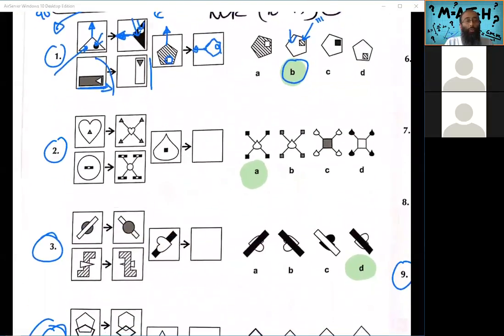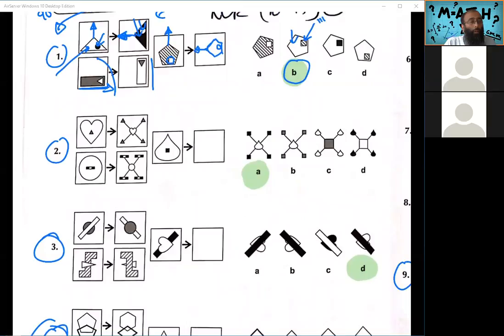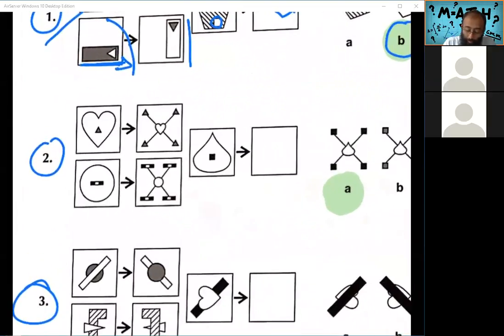Okay, question number 2. We have a heart, and from the heart, the piece that is inside goes 4 times outside. Okay, and the next shape, the circle, the little bit inside goes 4 times on the outside. So each shape has it 4 times.